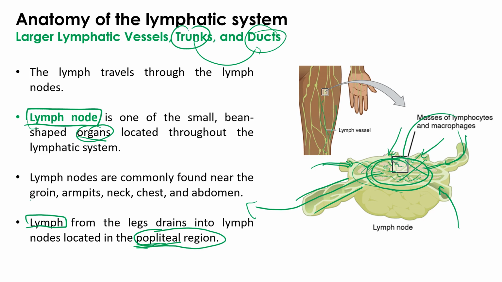You have lymphatic vessels, of course, but all the lymph that is collected from your foot, ankle, and leg will reach lymph nodes for the first time when it reaches the popliteal region. That is the place where lymph nodes begin, right? And then there we have lymph nodes in other areas.